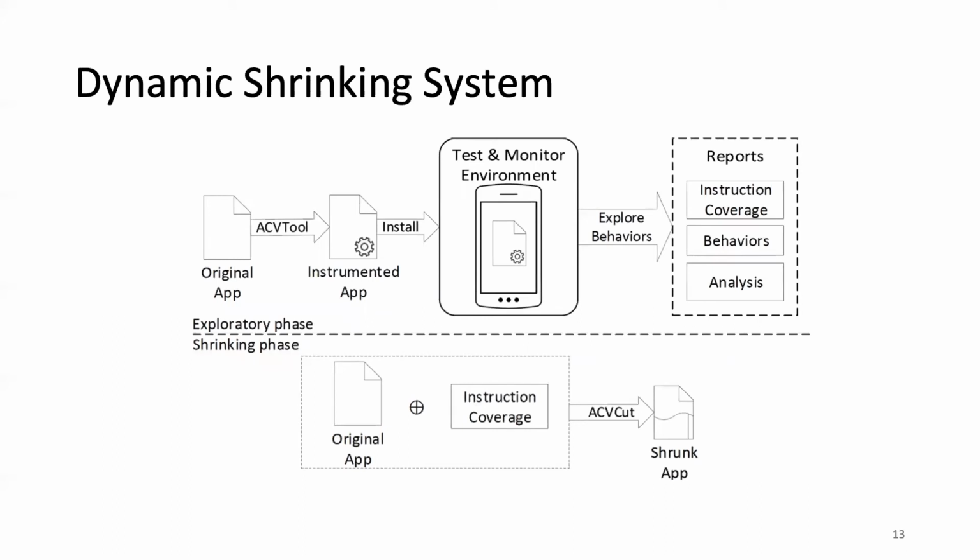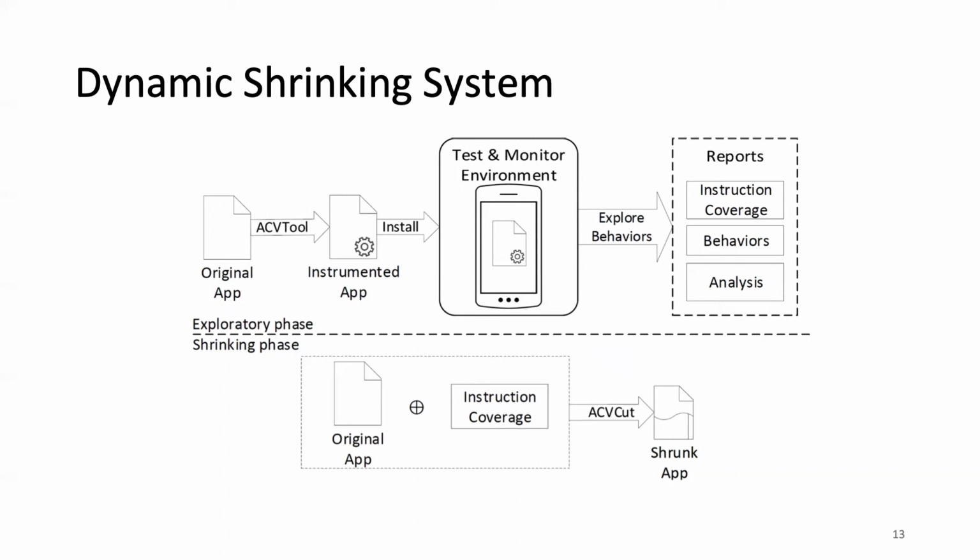Therefore, to verify applications, we suggest the dynamic shrinking system. This system allows us to test and monitor the application, to explore the behaviors, and finally to cut the application down to the executed code. This shrinking system contains two phases, the exploratory phase and the shrinking phase.